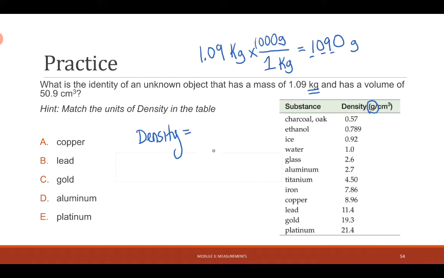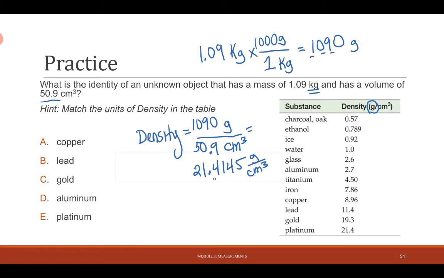Density is equal to mass over volume. You can also just match the units. You know that your units have to be grams per centimeter cubed to match the table. So your numerator has to be the gram unit, and then your volume has to be 50.9. And so 1090 divided by 50.9 is equal to 21.4145 grams per centimeter cubed.